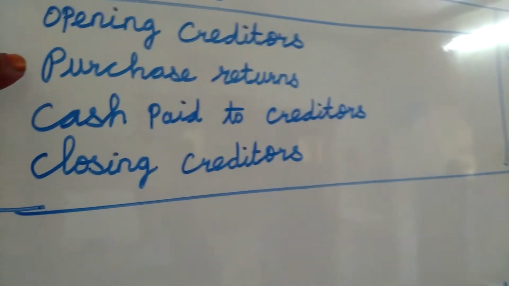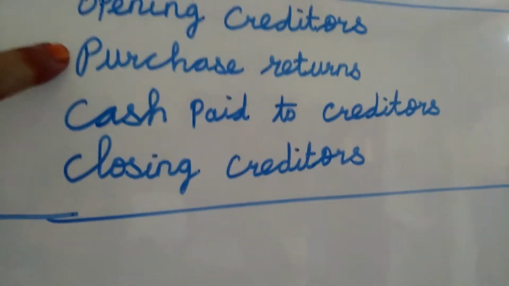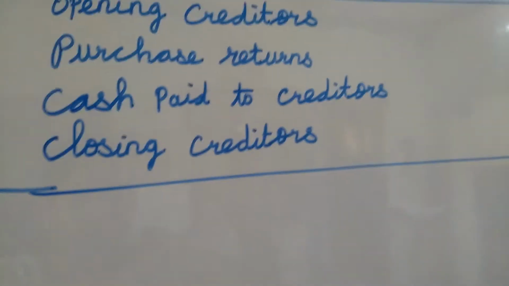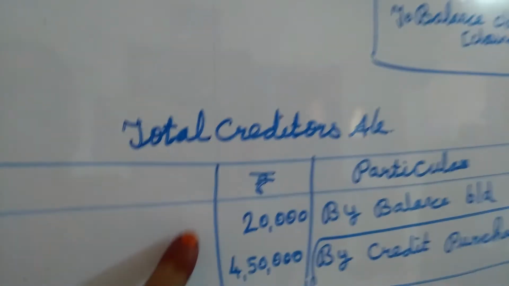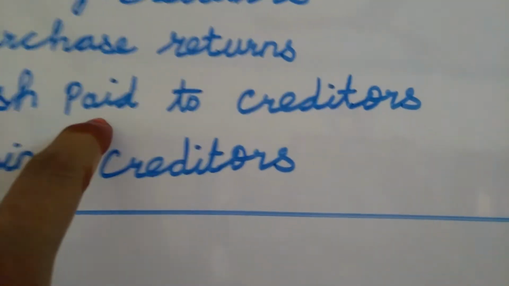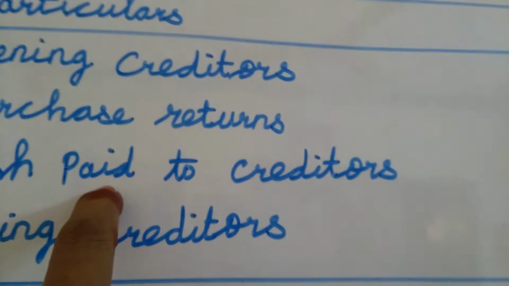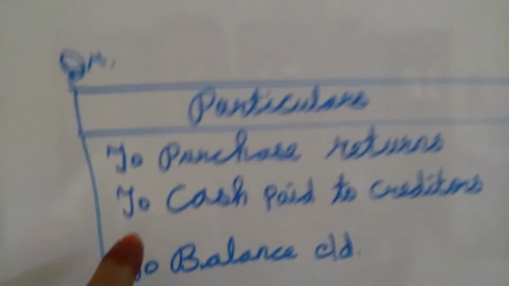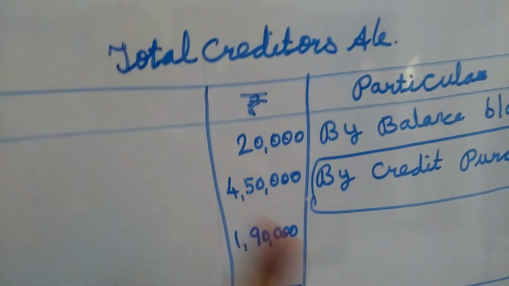And the next one, see the sum, purchase return. Which side will it come? Debit side. So on the debit side we write to purchase return: 20,000. And the next, cash paid to creditors, in the form of cash paid or cheque paid, all comes on the debit side. So to cash paid to creditors: 4,50,000.